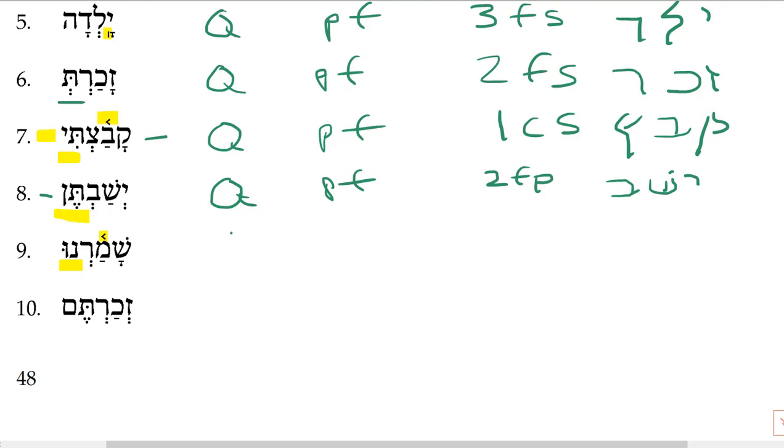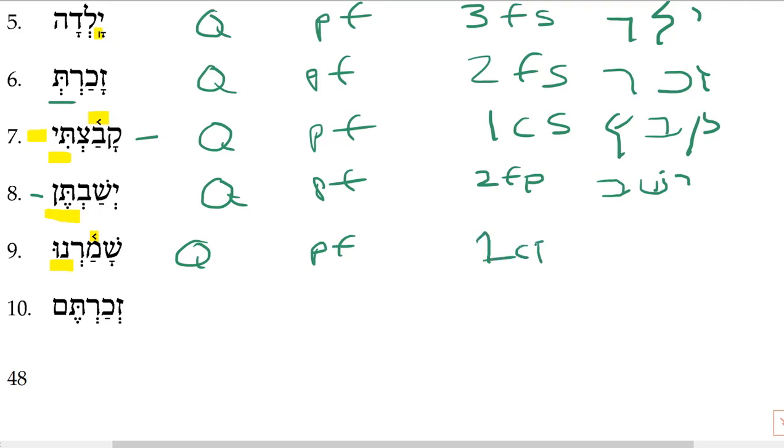The vowels look a lot like a Qal perfect. So I'm going to say it's a Qal perfect first common plural. The nu is the first common plural pronominal suffix, so you don't have to learn anything different in terms of the fact that it relates to first common plural. It's just that it's also being used for the ending of a perfect verb that's first common plural.